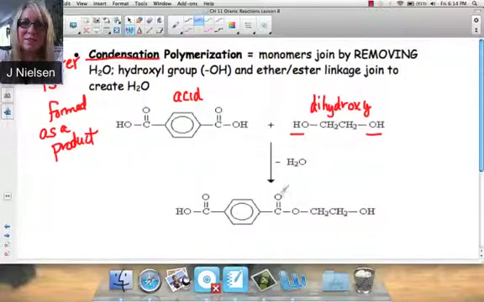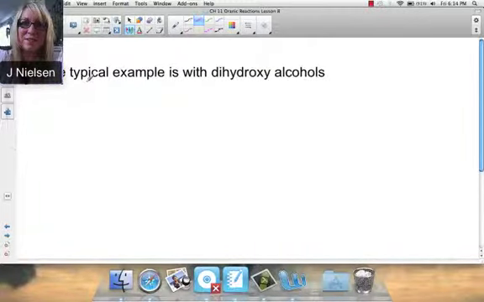And when you do that, you get this ester combination. Now, this is not the usual one that I've seen. Again, you would never have to write this. So if you see some big funky diagram and you're removing water and you're making one big long chain, chances are it's condensation polymerization. More typically, I've just seen it with dihydroxy alcohols.